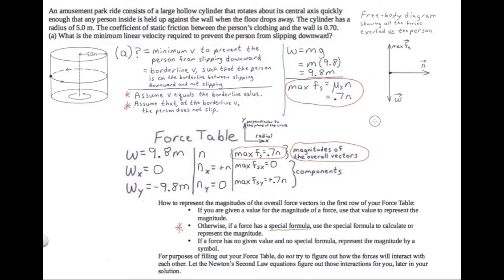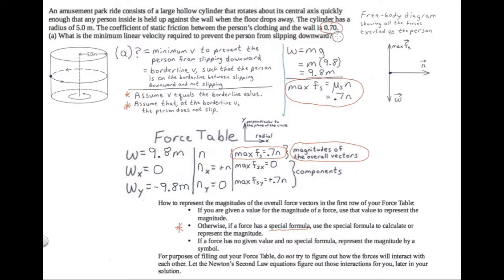Now remember that for this problem we are applying maximum static friction. Static friction because we're assuming that the person does not slip, and maximum static friction because we're assuming that the person is on the verge of slipping. There is a special formula for the magnitude of the maximum static friction. So let's use that special formula.